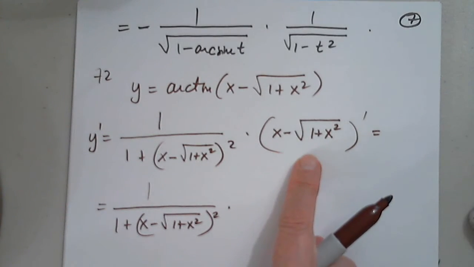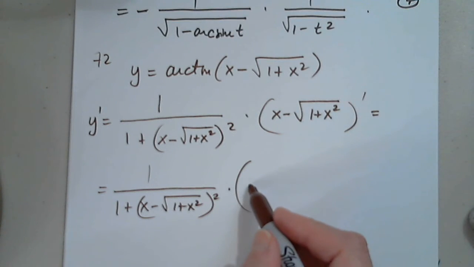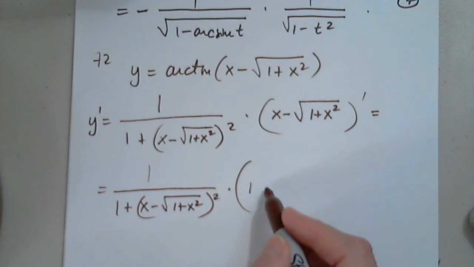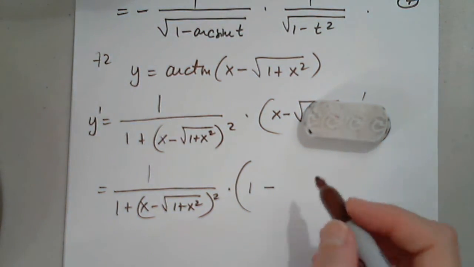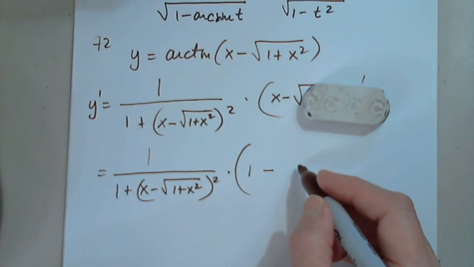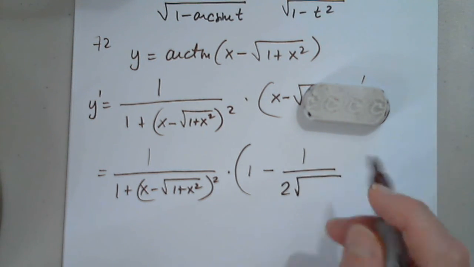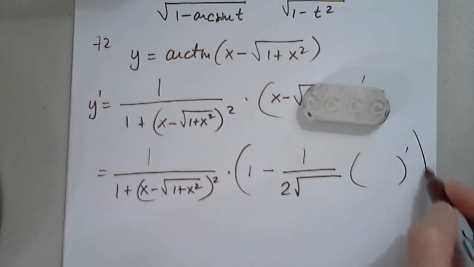And now I have to differentiate this. X prime. Anyone? 1. Good. Minus the derivative of the square root of a function. What do I write? So 1 over 2 times the square root of whatever, times that whatever prime. That's it.